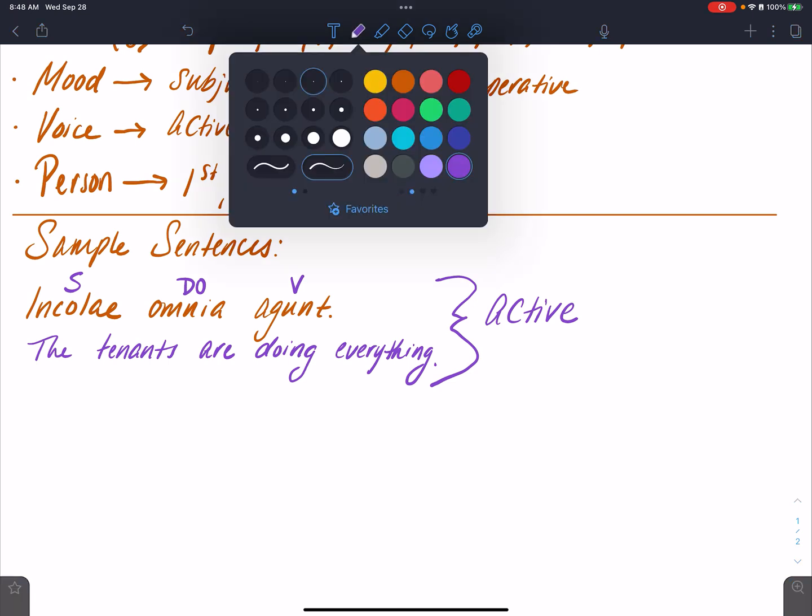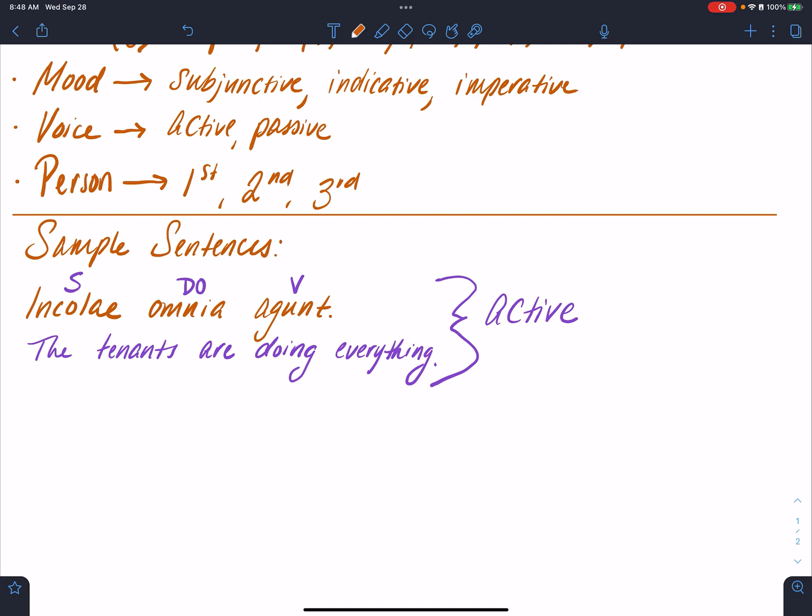Okay, the next sentence is going to be as follows. Okay, ab incolis omnia aguntur.